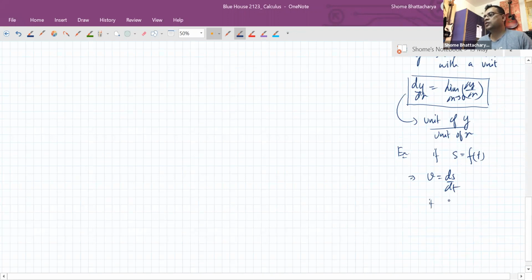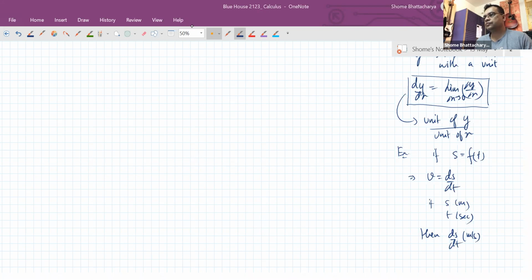So if s is in meters and t in seconds, then ds by dt will be in meters per second. Okay, simple example you can remember of this. This is the most direct and common application of differentiation. Okay, so hope this is clear.